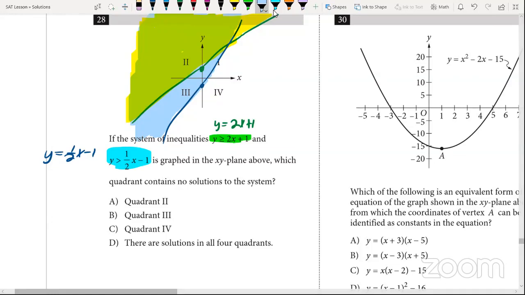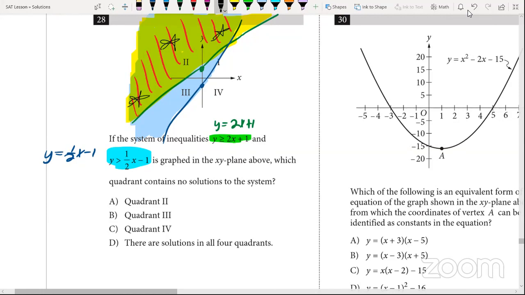So the area that got shaded above both lines is this area right here. And that area, as we can see, exists in quadrant 1, in quadrant 2, and a little tiny bit of it in quadrant 3.